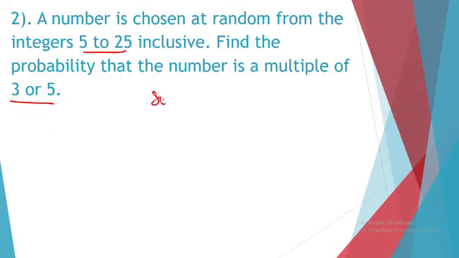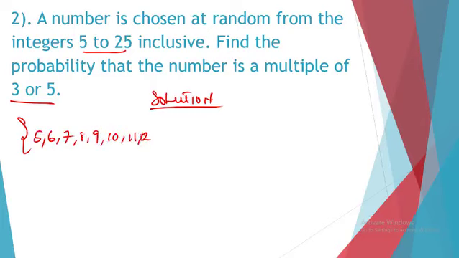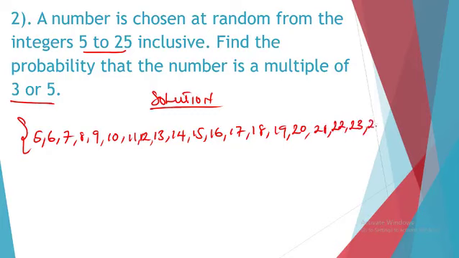So the first thing we need to do is to find the sample space, which is the set of 5, 6, since they told us it is 5 to 25: 5, 6, 7, 8, 9, 10, 11, 12, 13, 14, 15, 16, 17, 18, 19, 20, 21, 22, 23, 24, and then 25.